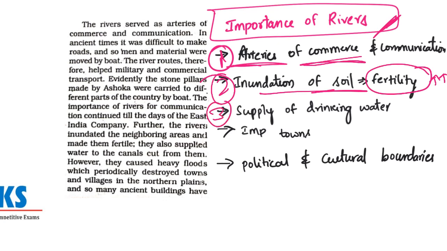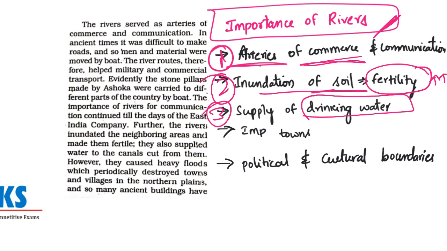The third importance of the rivers is that they used to supply drinking water to the different canals. We know that today also we are heavily dependent on the rivers for our drinking water supply. So earlier also they were the only source through which they could get drinking water.